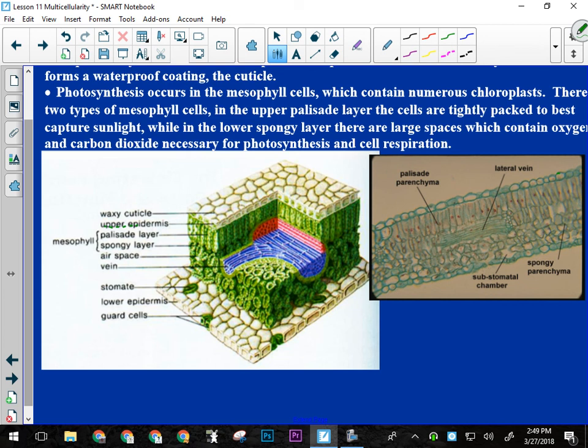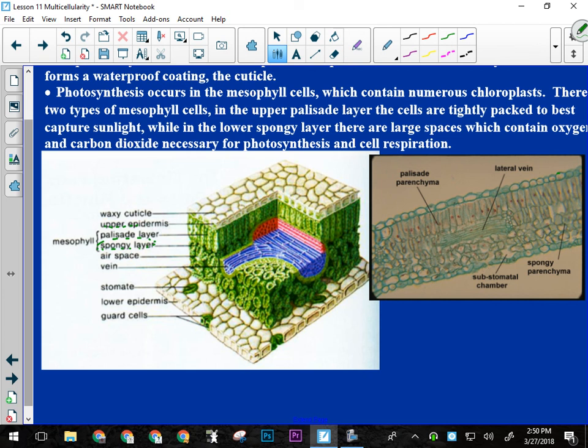Down below the palisade layer, we see cells that are very, very green, have lots of chloroplasts, but they're very irregularly shaped. They end up looking more like a sponge. The spongy layer is where essentially oxygen, carbon dioxide, and water vapor all get stored within the leaf.